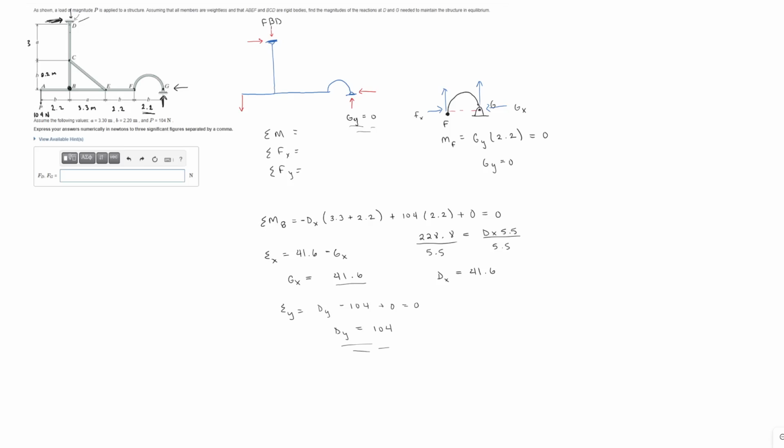So the last step now is, if you're going to find the resultant force of anything, you have to remember the resultant force is equal to the magnitude.